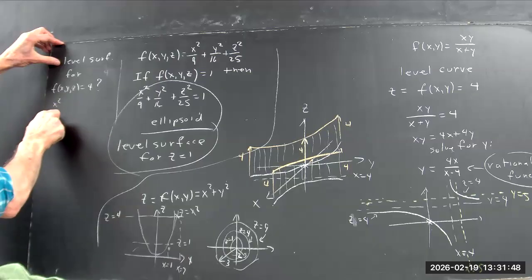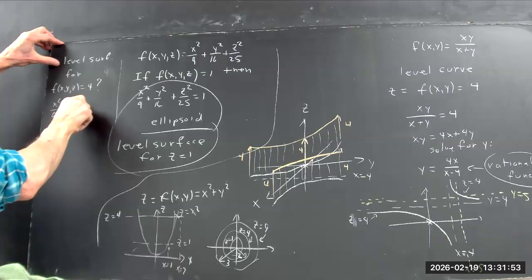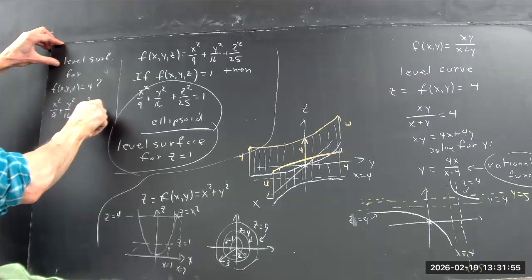Well, it's x squared over 9 plus y squared over 16 plus z squared over 25 equals 4.